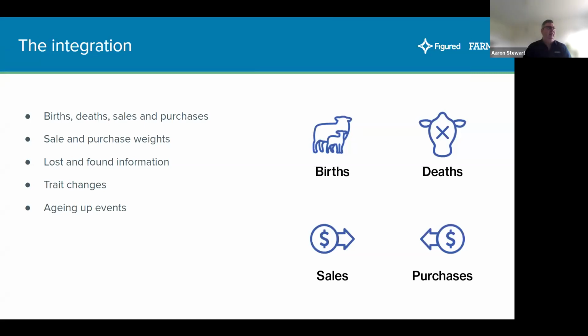Thanks very much for that. So the integration is primarily based around having the stock rec numbers, so the stock movements that you do on farm, and aligning those between the two systems. So if you were doing a birth, death, sale, or purchase in FarmIQ, that will be passed over and appear automatically in your Figured farm and the appropriate tracker and so on.